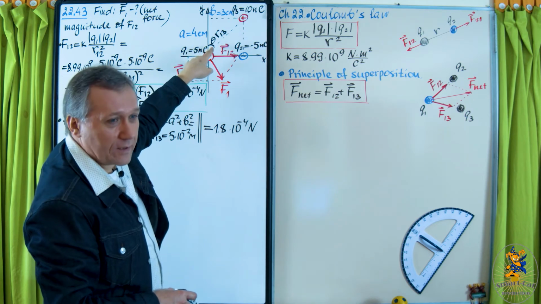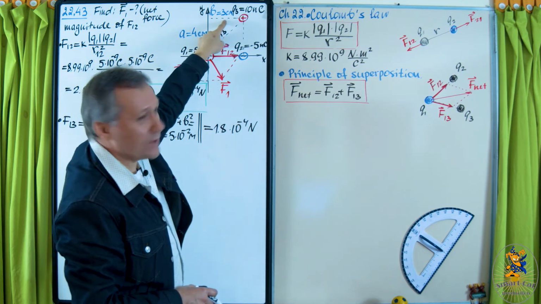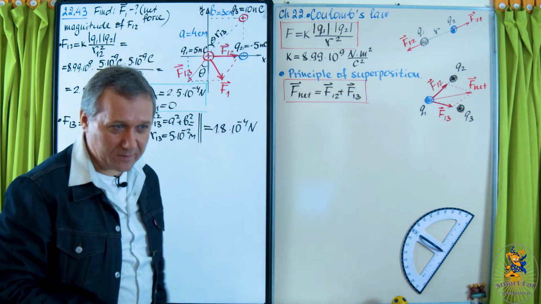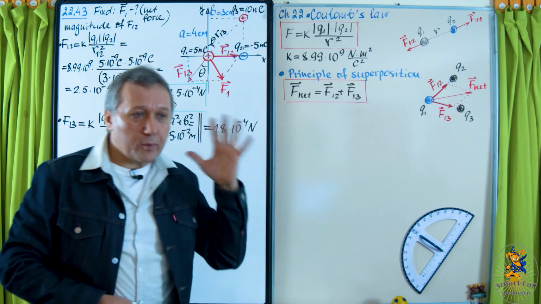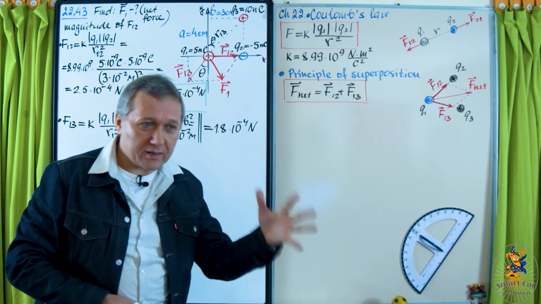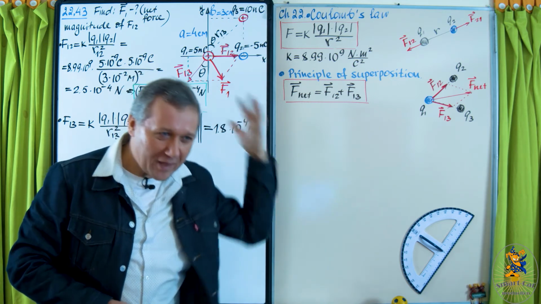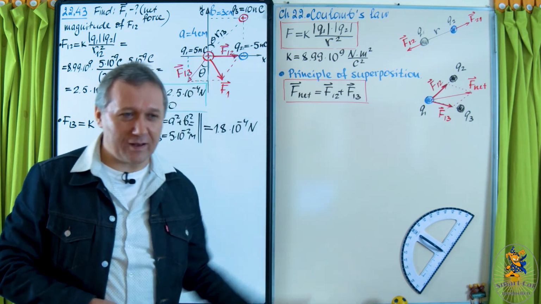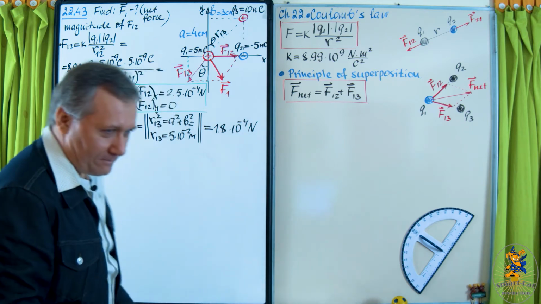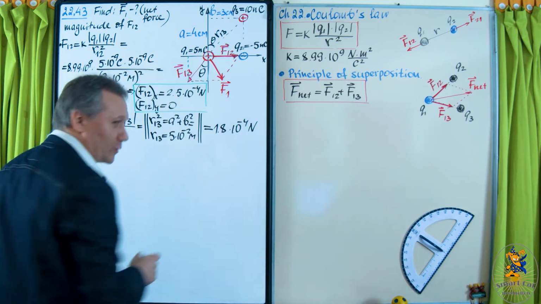So tangent of this angle equals opposite side versus adjacent. You remember properties of right triangles must be at the top of your head. You will have to use them almost every semester in every class. So sooner or later, of course, you will remember them.